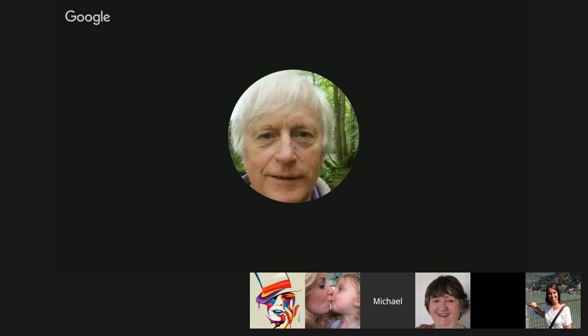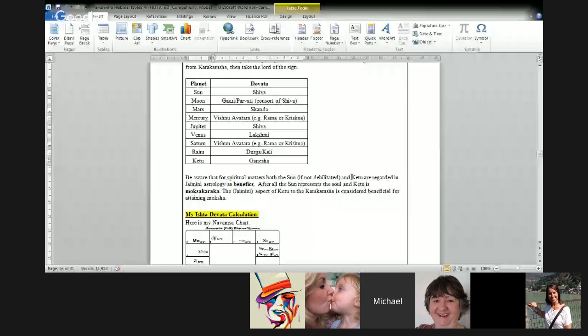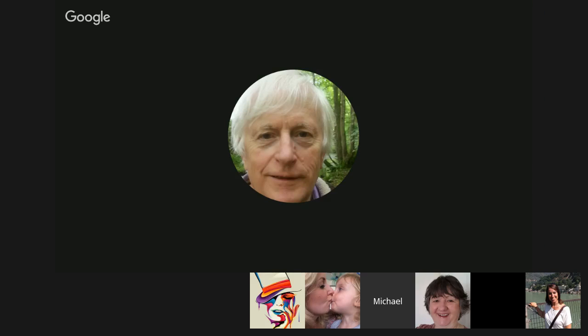I think I have a Rama-like task in my lifetime, in this lifetime. So here's my Navamsha. There is my Karakamsha, the moon. There's the 12th house, which is Aquarius, and ruled by Saturn, that means Rama in my case, and I'm happy with that.